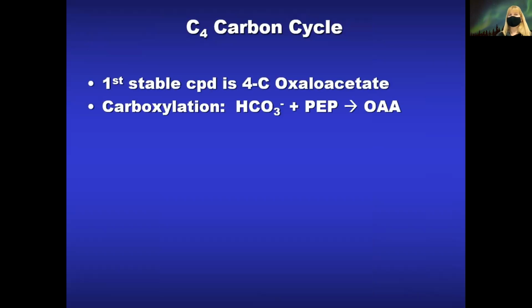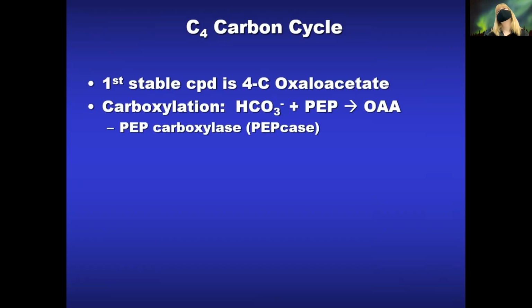So HCO3 minus is often how they will show the CO2. It reacts with PEP, and you get the oxaloacetate. What enzyme? It's not the Rubisco enzyme. Instead, it's a totally different enzyme that we call PEPcase, or PEP carboxylase. So carboxylase, it's still working with the CO2. It's grabbing CO2 and bringing it into its active site, but it will react it with PEP.